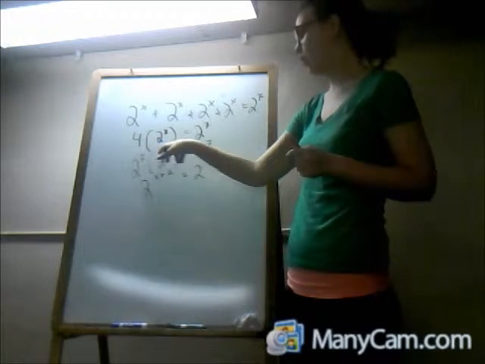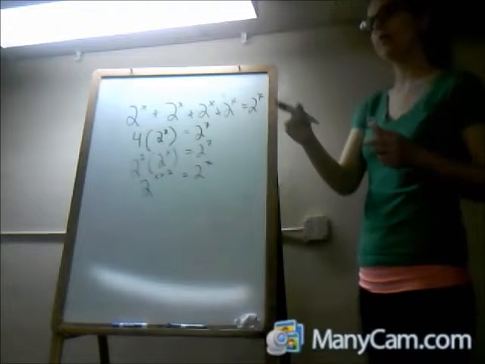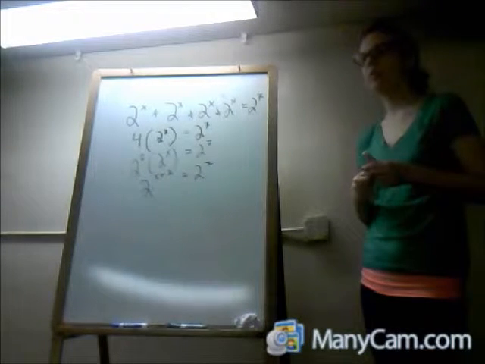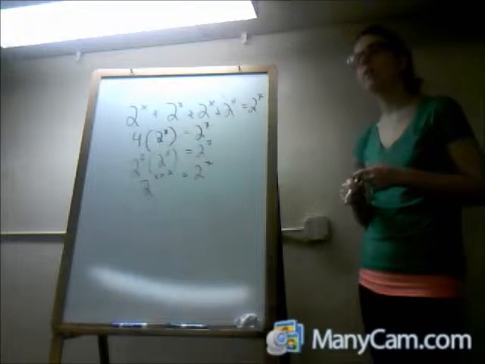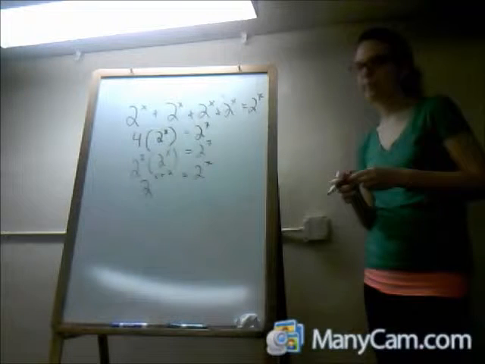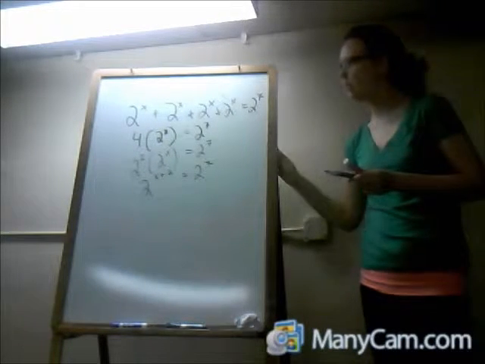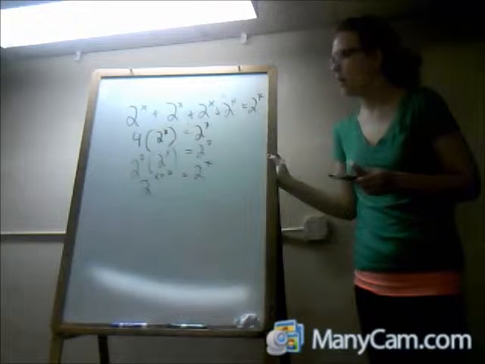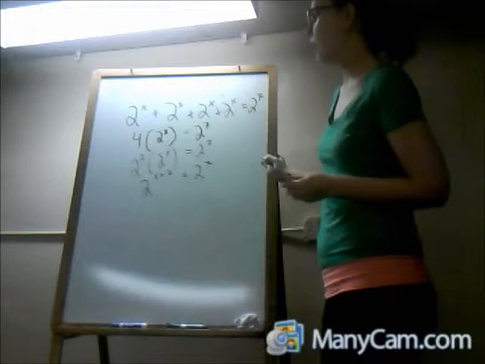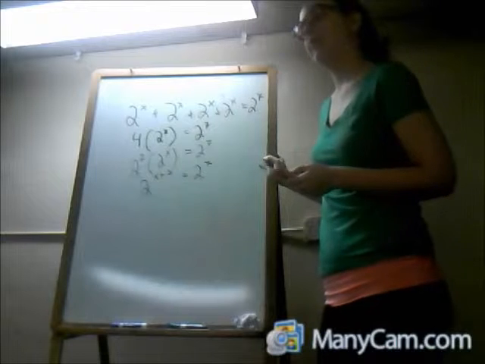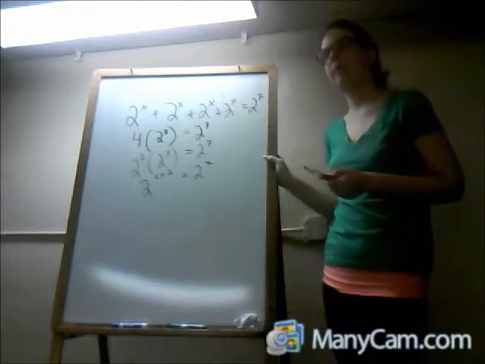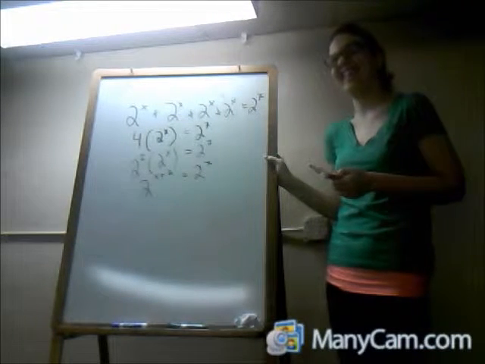Oh, okay, so then I add 2 to the x. Sorry, what were you saying? Since it's 4 times 2 to the x, why didn't you just distribute or multiply the 4 times 2 to the x? Because we can't. What do you think we'd get if we multiplied the 4 and the 2 to the x? 3x. Well, that's not true.